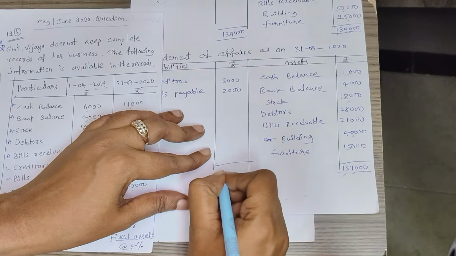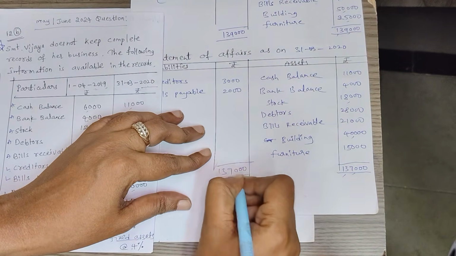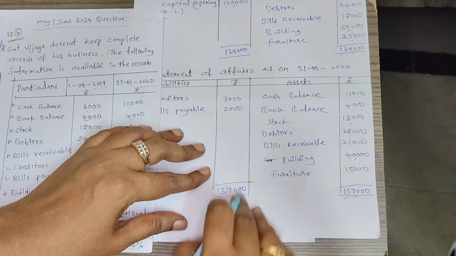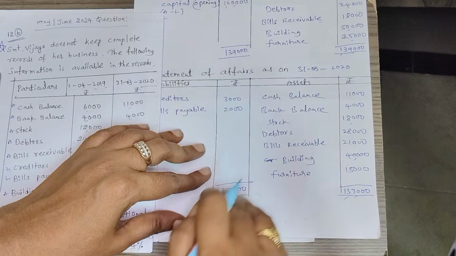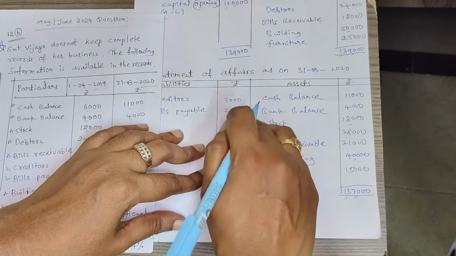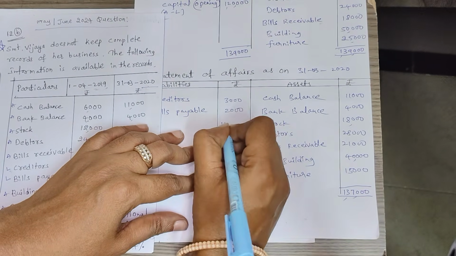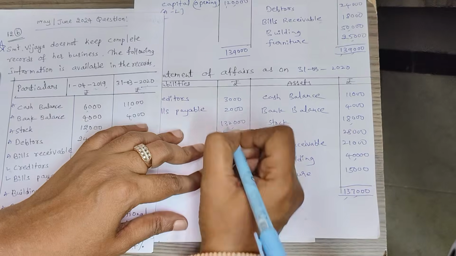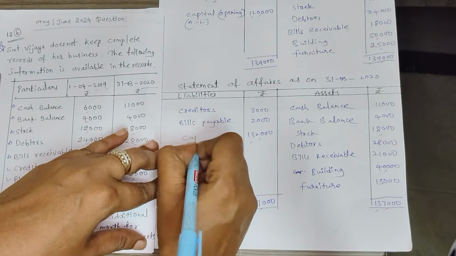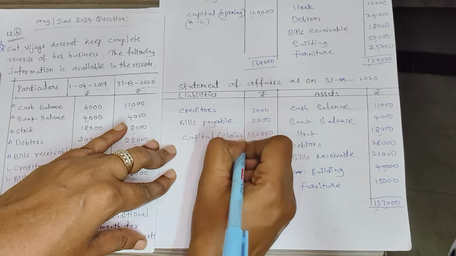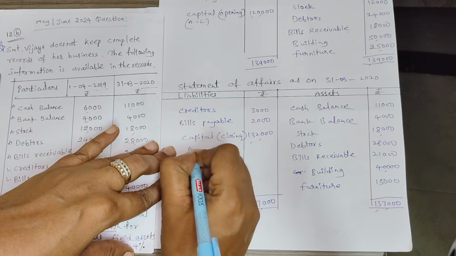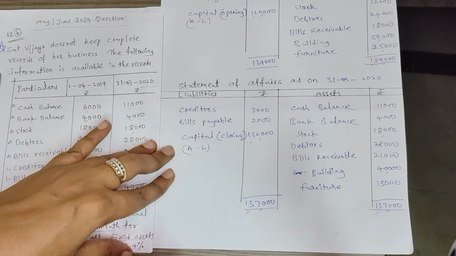Okay. So write both sides 1,37,000. From this 1,37,000, deduct this 3 plus 2, 5,000. So 1,37,000 minus 5,000, how much? 1,32,000. So 1,32,000. What is this? Capital. What capital it is? Closing capital. Okay. So assets minus liabilities will get capital.